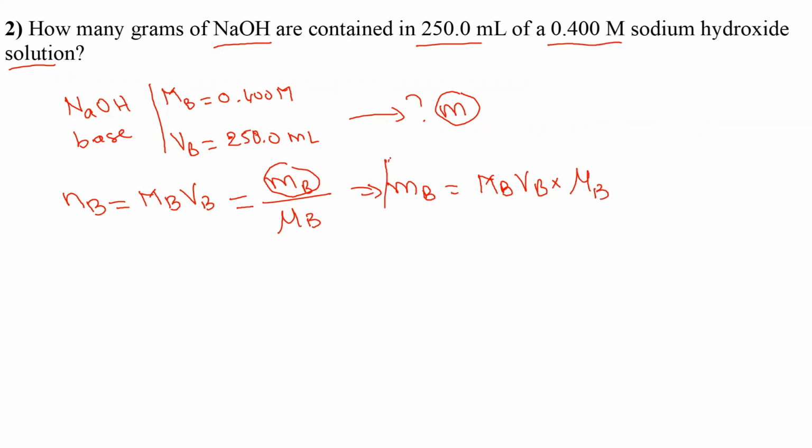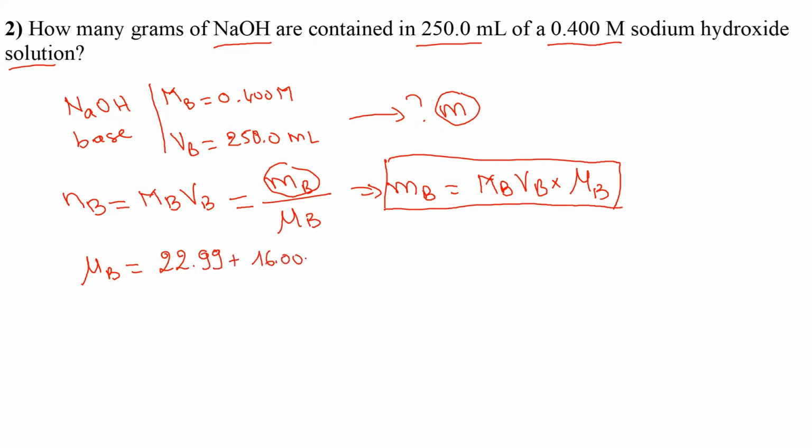So we have the concentration, we have the volume, we will calculate the molar mass and then get the numerical value. The molar mass of sodium hydroxide: for sodium is 22.99 from the periodic table. For oxygen, we know it now, 16.00. And for hydrogen, 1.008. And the molar mass is equal to 40.00 gram per mole. So we can get the numerical value of the mass.